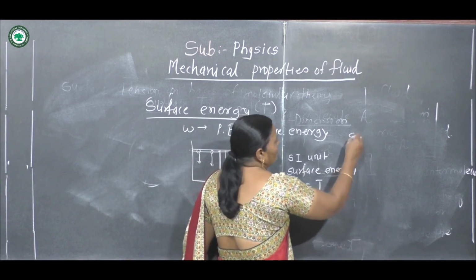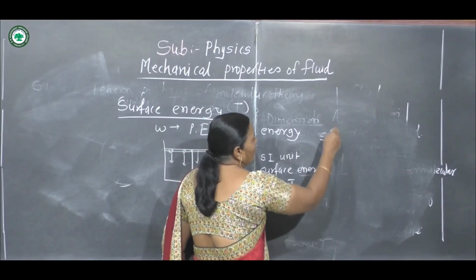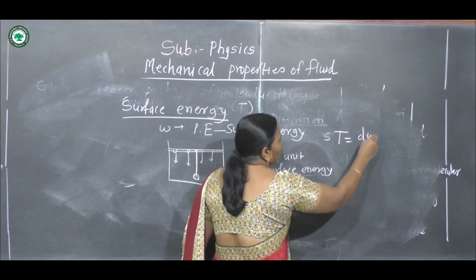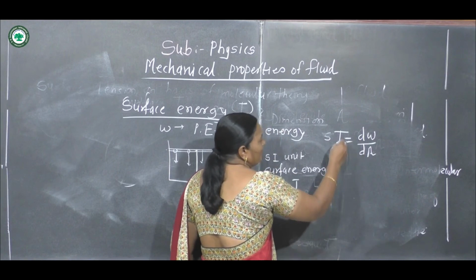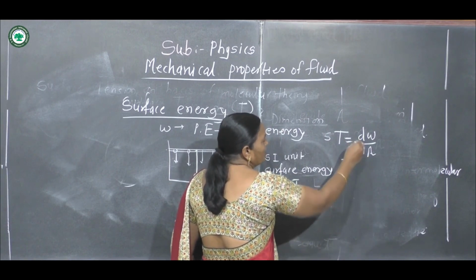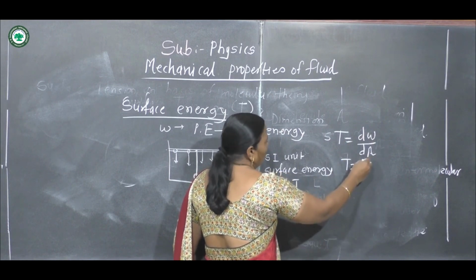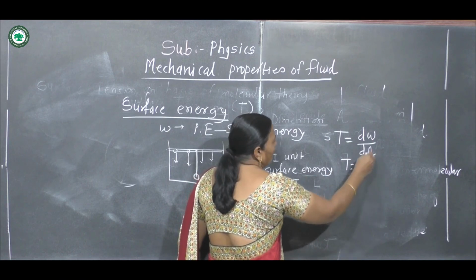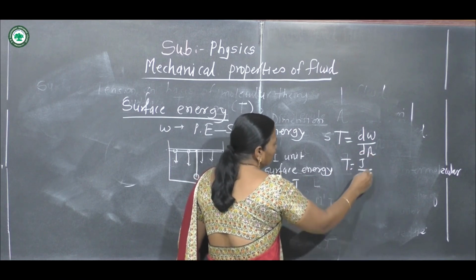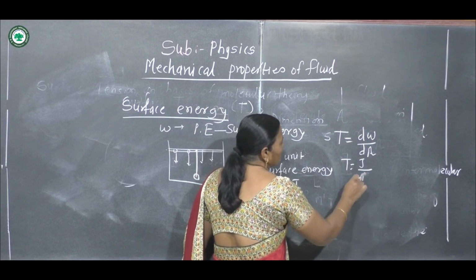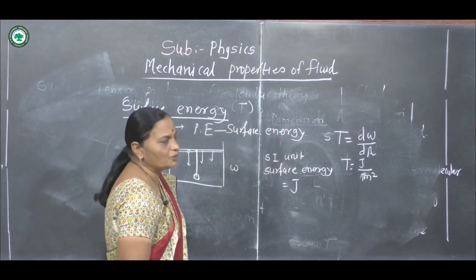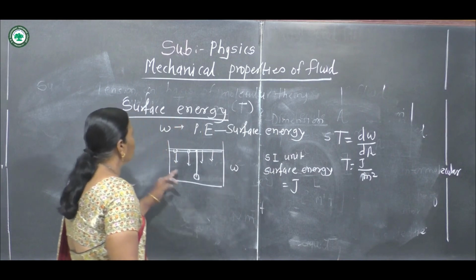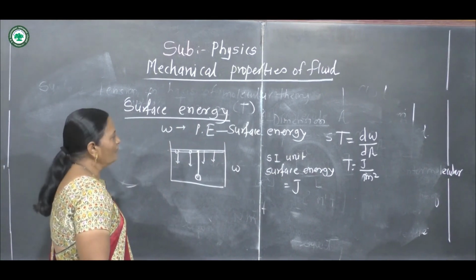Suppose surface tension T is equal to dW divided by dA. Then the SI unit of surface tension, with work in joule and area in meter square, is joule per meter square. This is all about surface energy.